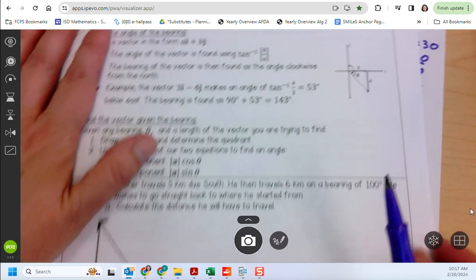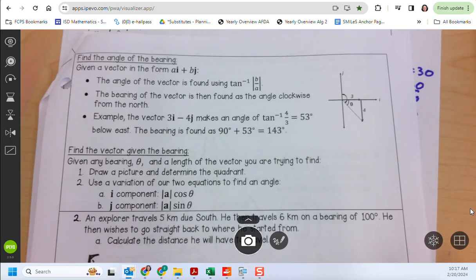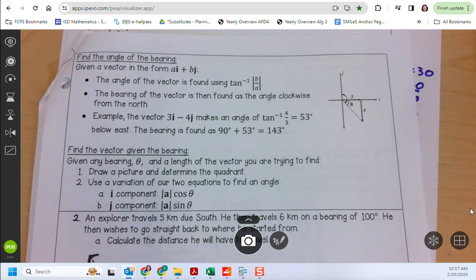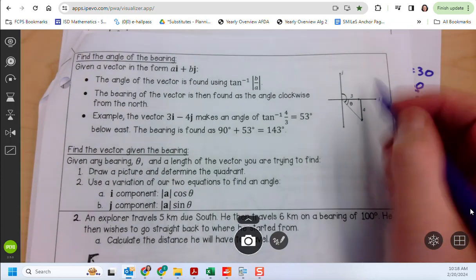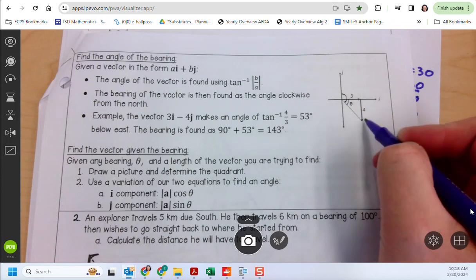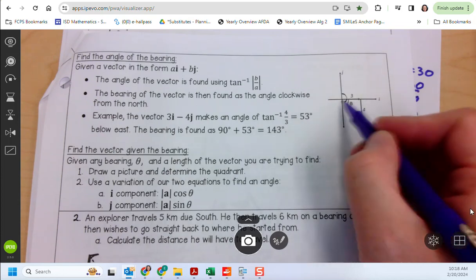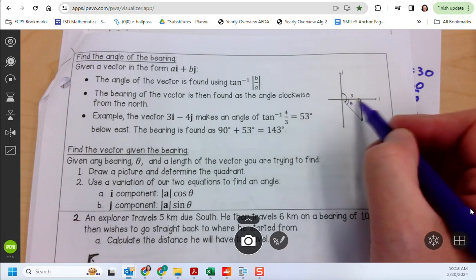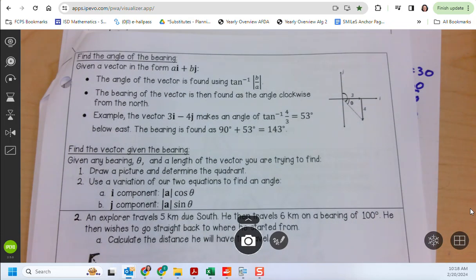Bearings make perfect sense when they're centered in the middle, but once things get off track, they can be a little bit confusing. To find the angle of the bearing, you can use inverse tangent because the y-coordinate here is going to be your opposite and the x-coordinate is going to be your adjacent. So tangent is opposite over adjacent, so that's what you're going to use to find the angle in a vector.